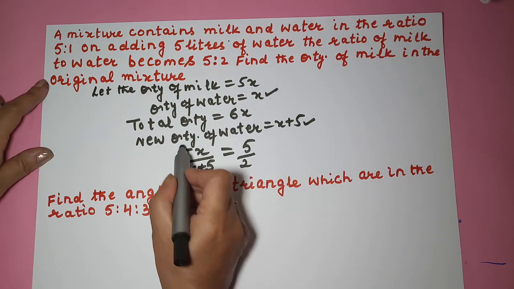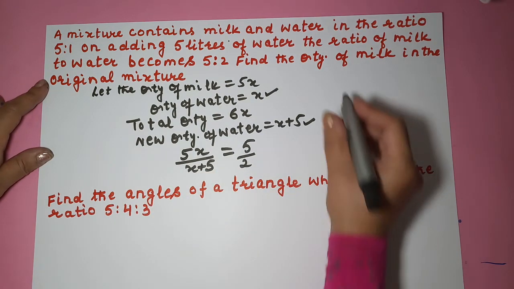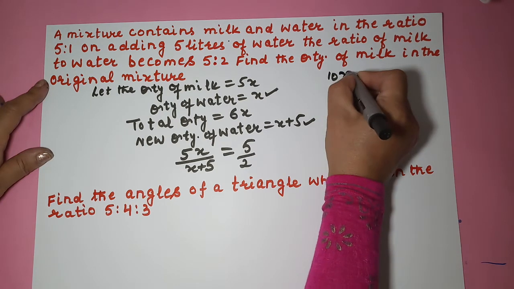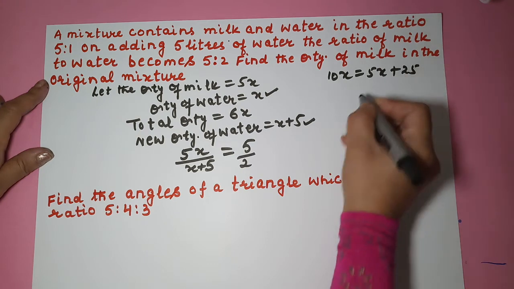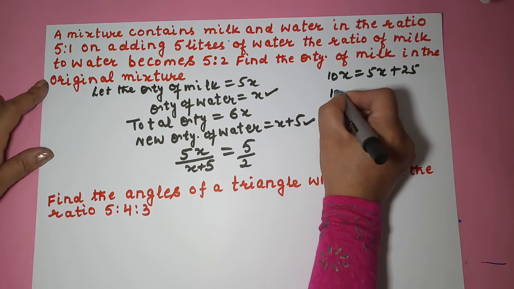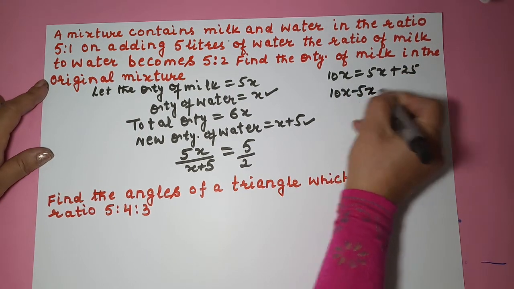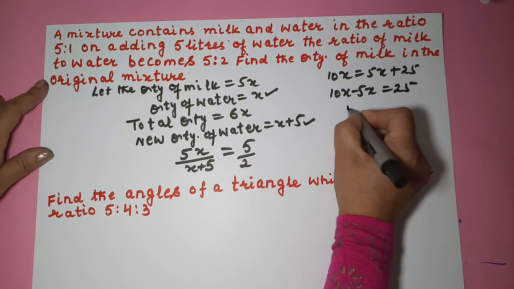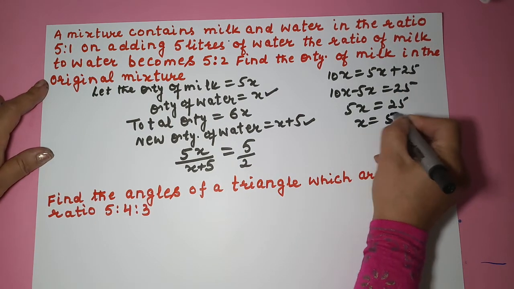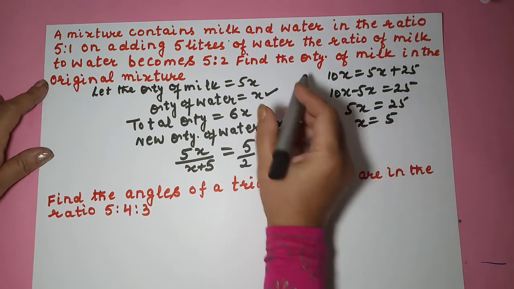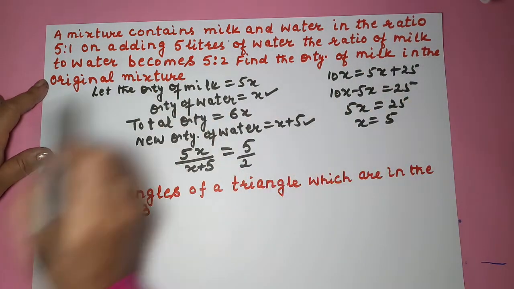Let me calculate the x. How? I will cross multiply. 10x equal to 5x plus 25. So shift this to this side. 10x minus 5x equal to 25. I got 5x equal to 25 and x equal to 5. Now I got x. Find the quantity of milk in the original mixture.